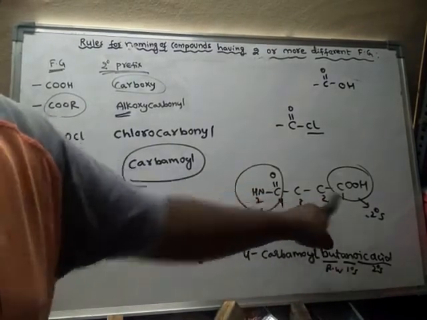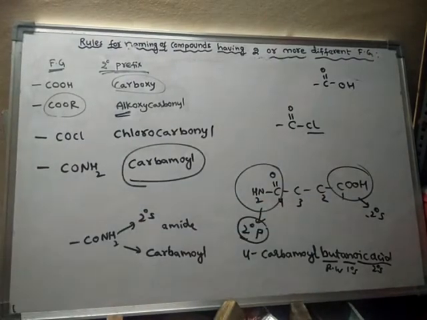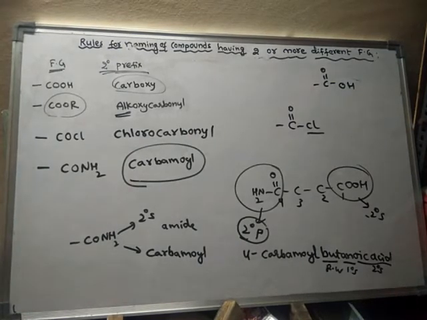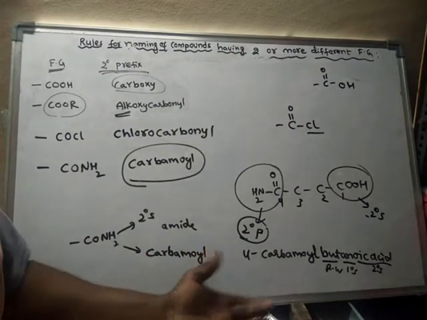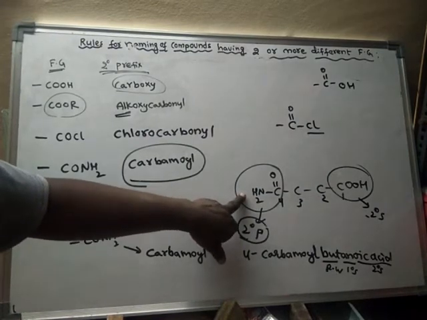So when two functional groups are there, decide which functional group is more important. This can be decided based on the order of preference. Based on the order of preference we decide the main functional group. Now the other will become the secondary functional group.